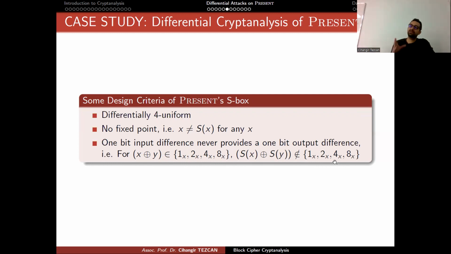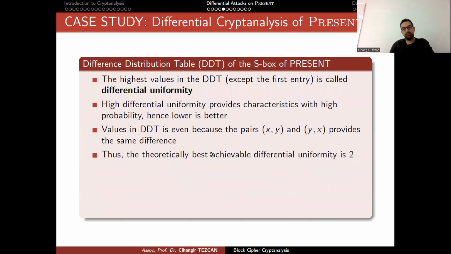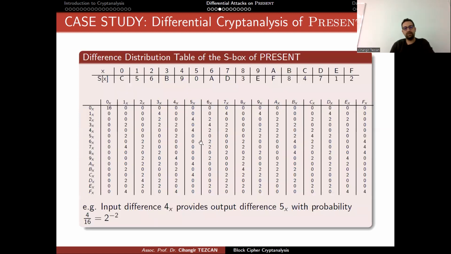This is important because this way, when the difference has low weight, the S-box kind of increases the number of non-zero bit differences. So this way, you kind of prevent some of the good characteristics, let's say. So if you go back to the DDT table, you can see it from here.